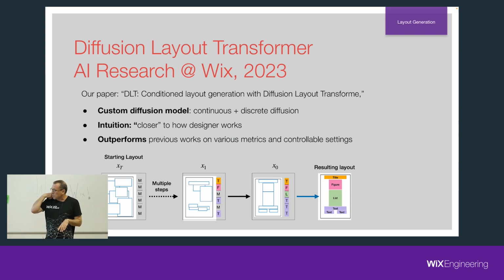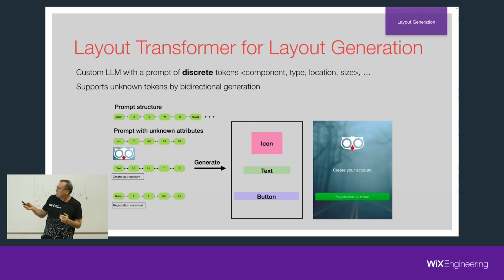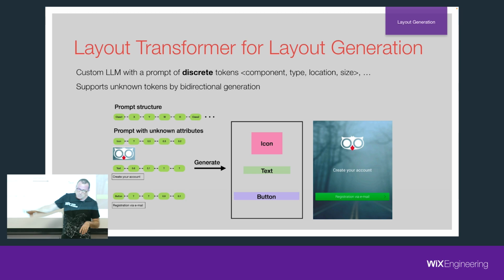And one thing that I want to show is a recent research that my team did on exactly this problem, okay? So the one thing that this system does is it uses everything as discrete, because this is still a language model.